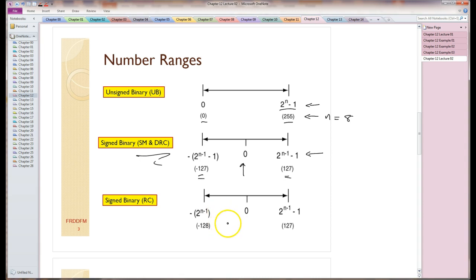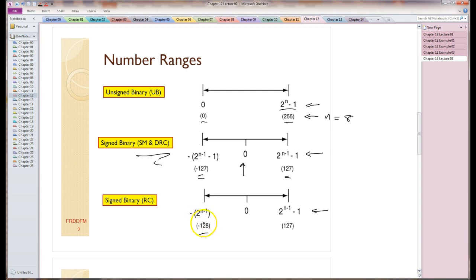Now, these are the 2's complement or radix complement numbers. If you look at this, the number range is no longer symmetrical. It has an extra number on the negative end. So instead of having 2 zeros like it did for the previous ranges, it has 256 different numbers, which you can't really make symmetrical about 0.